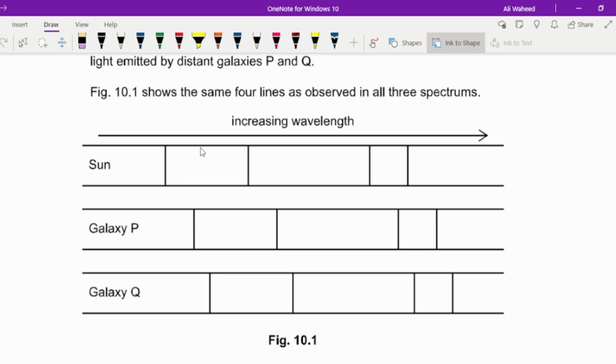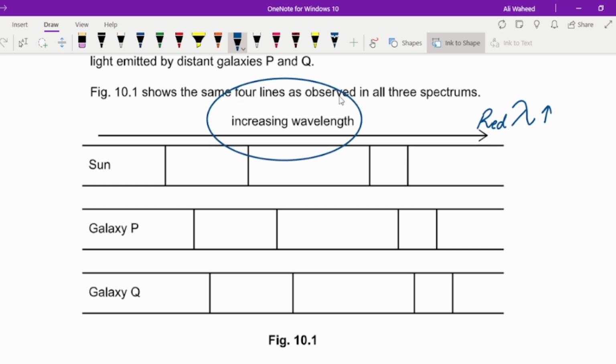So this is the standard one that we are comparing the next 2 galaxies with, galaxy P and galaxy Q. You see the spectra of galaxy P, the lines of galaxy P are slightly redshifted. How do we know? Because the wavelength increases on this side, and for light, red is a color which has more wavelength, so it is getting towards the reddish side.